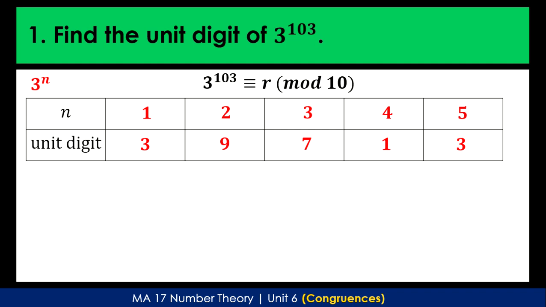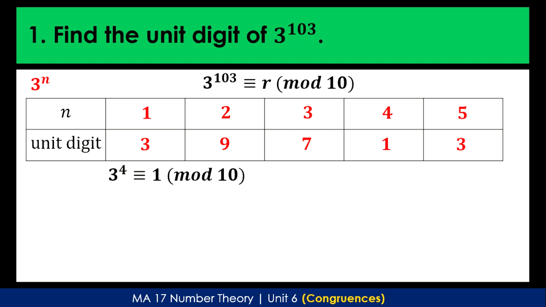Again, let's utilize 3 raised to 4. We have the remainder of 1, because 3 raised to 4 is 81. Then let's use some properties of congruences from our previous discussion.